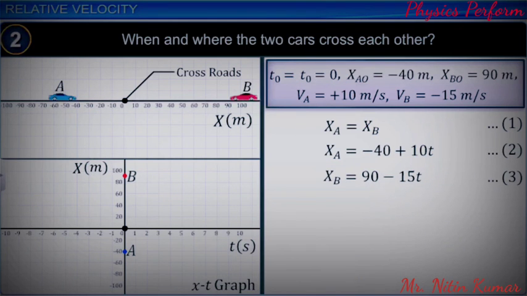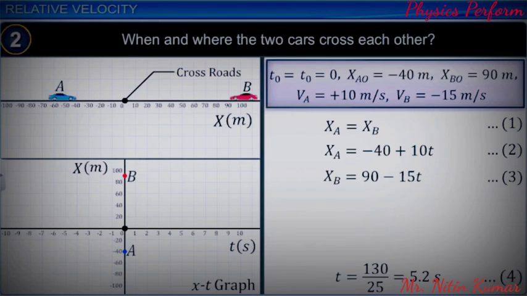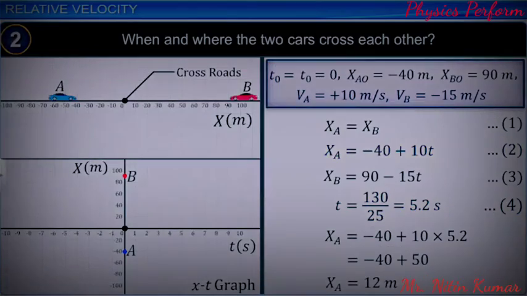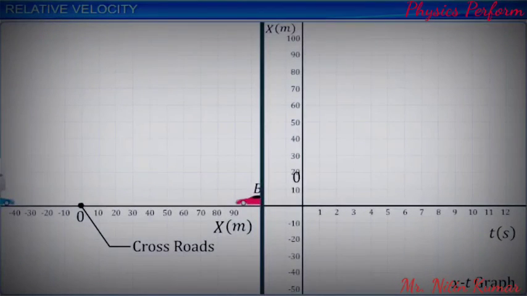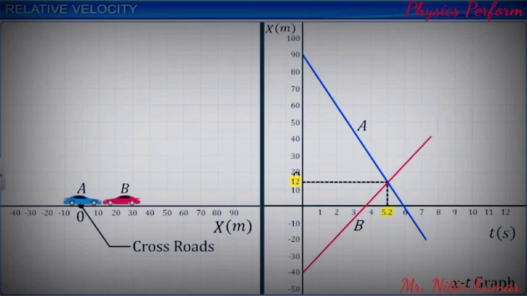Substituting equations 2 and 3 in 1, we get t equals to 5.2 seconds, which is equation 4. Substituting equation 4 in 2, we get XA equal to 12 meter. Therefore, the two cars cross each other at 5.2 seconds when the position coordinate is 12.